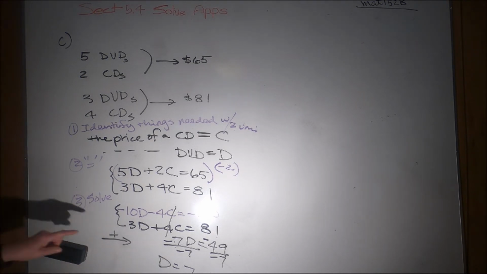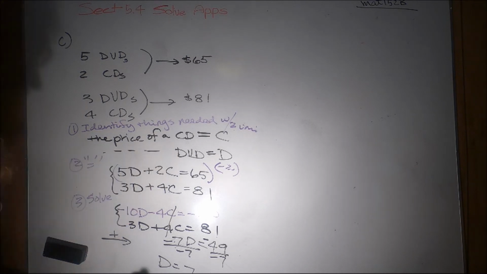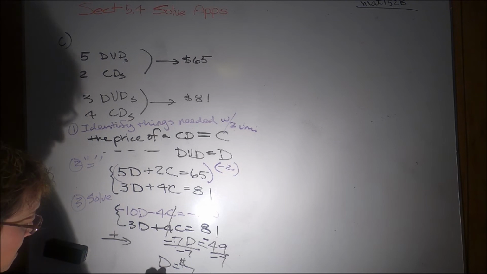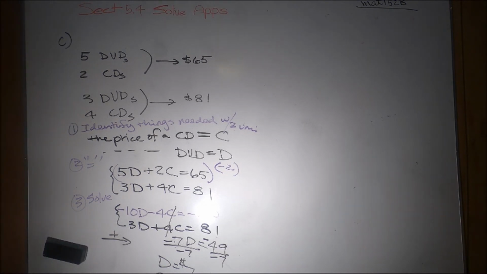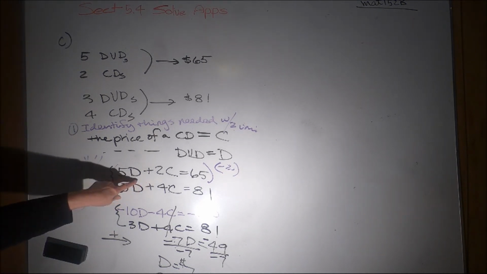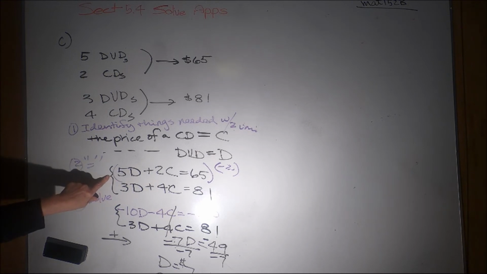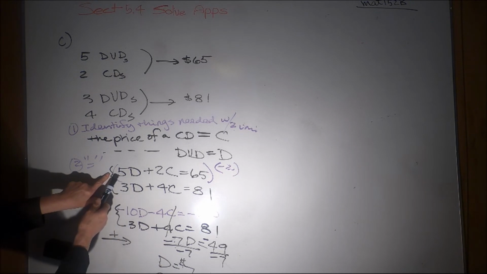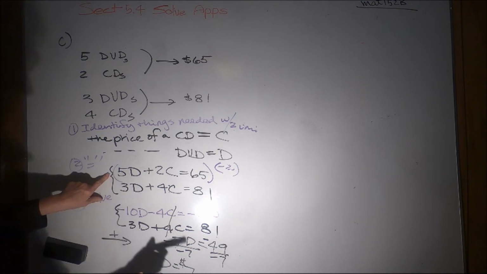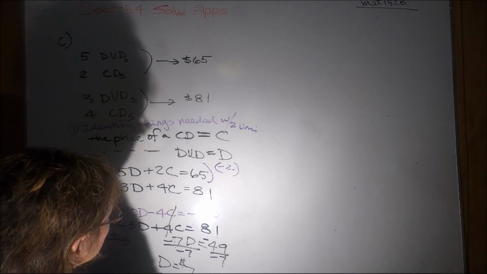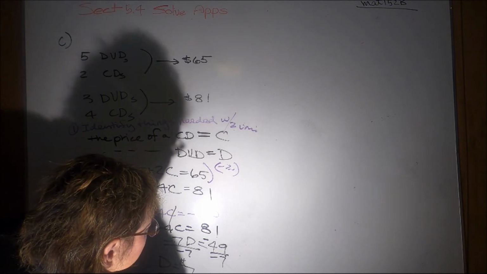Then D is what? Go back to check the price of a DVD. So it's dollars. Then what is your C for CD, right? You plug into any equation. Okay, so if I plug in the first one, 7 times 5, 35. So it's 35 plus 2C is 65.